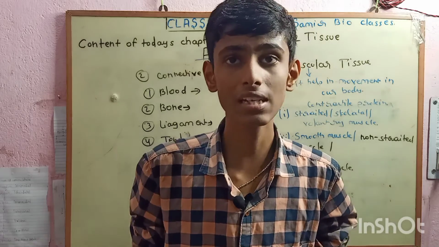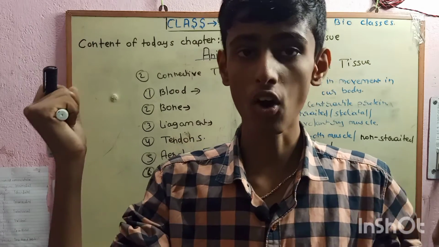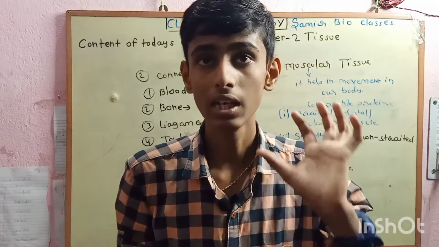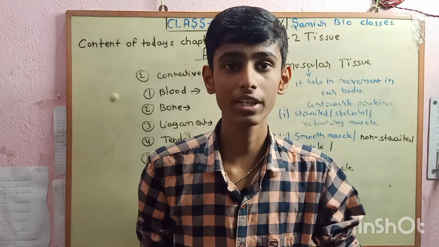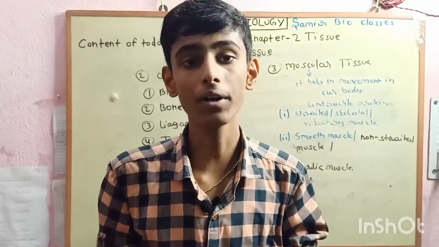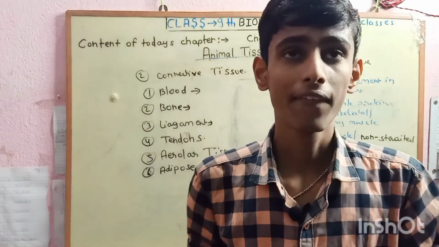Because of the stimulus, if you get pinched, how do you feel pain? Because of the nervous tissue present inside your body. It is found especially in the spinal cord and brain.